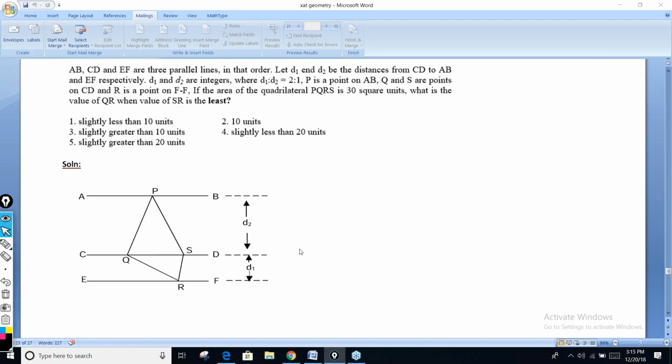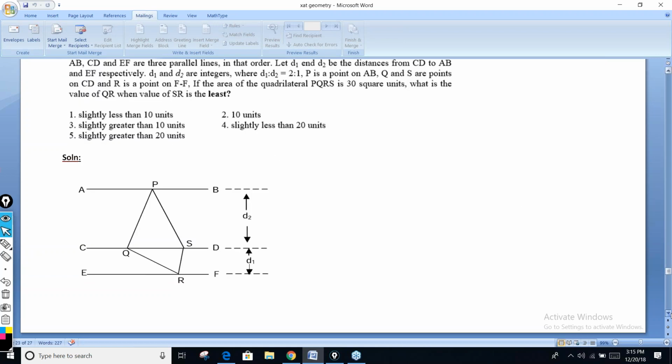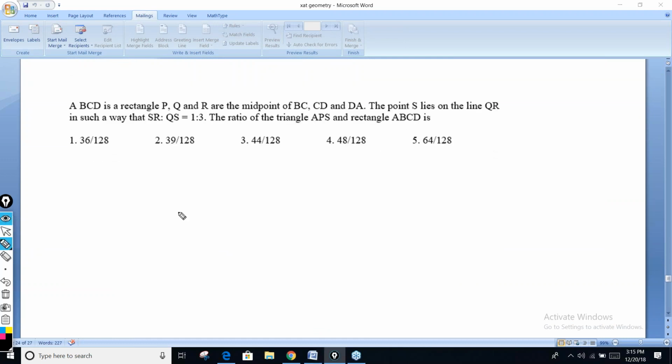Come to the next one. Yeah, this is the next one. ABCD is a rectangle, and P, Q, R are midpoints of BC, CD and DA. Now this is a good question.